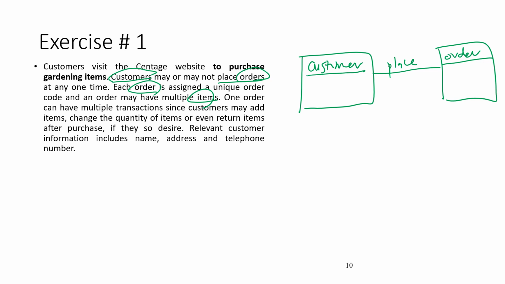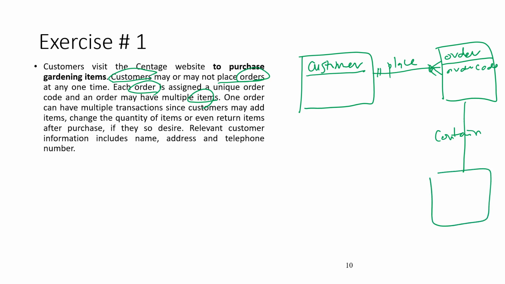A customer may place zero to many orders. Each order is assigned a unique order code, so this is a feature of the order: order code. And they have the item, so order contains item.